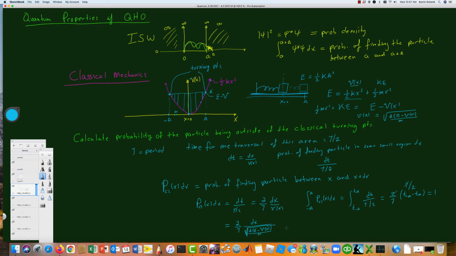I need a second just to read my notes. Okay, so let's write 2 over tau, and then dx, and then the square root of, I'm bringing the m up at the top because it's annoying to be at the bottom, over 2 times E minus the potential energy function.